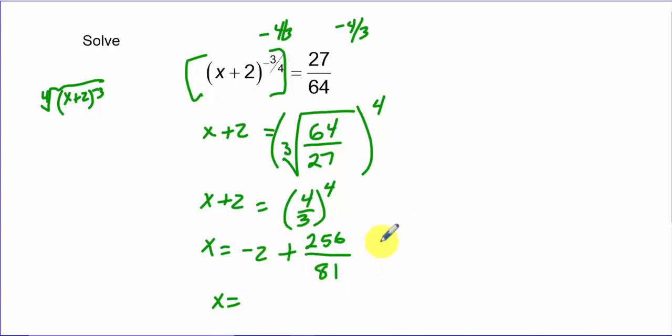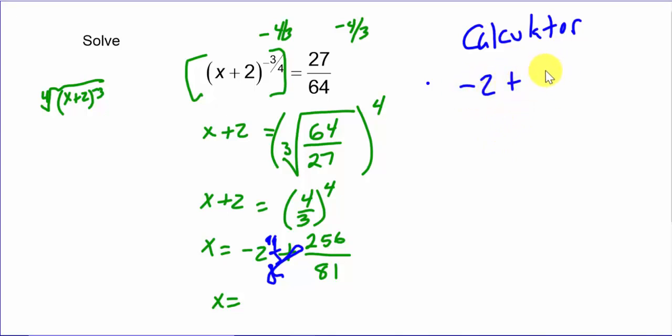If you're not sure how to solve this, or if you feel like you must multiply this by 81 over 81, you're kind of wasting your time. What I would do is go to your calculator and hit the following buttons in this order. Basically, you go negative 2 plus, and then 256 divided by 81. And then there's a math button on your calculator.